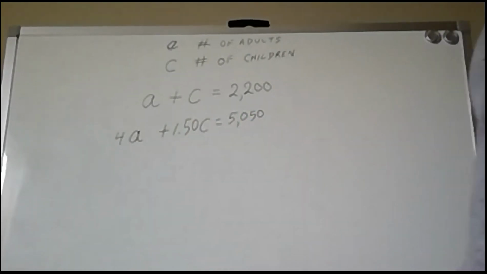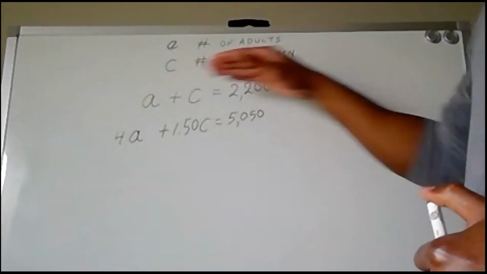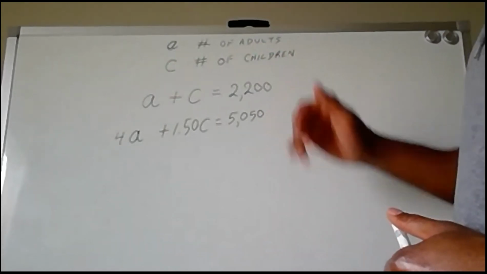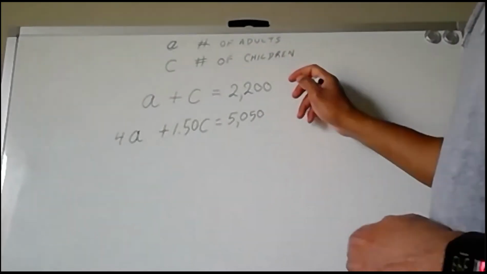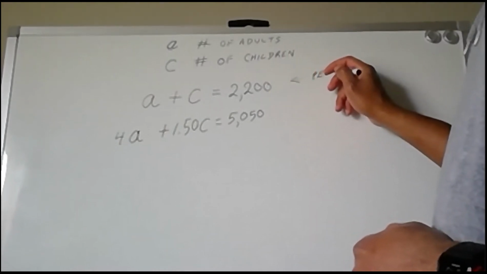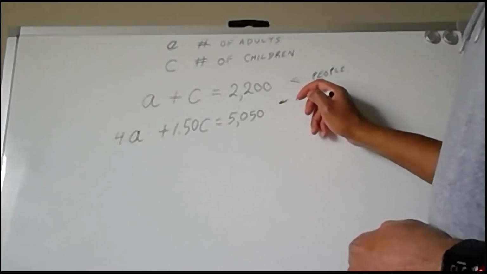If you look carefully, one equation has to do with how many people, and the other equation has to do with how much money. So this one, people, and this one, money.